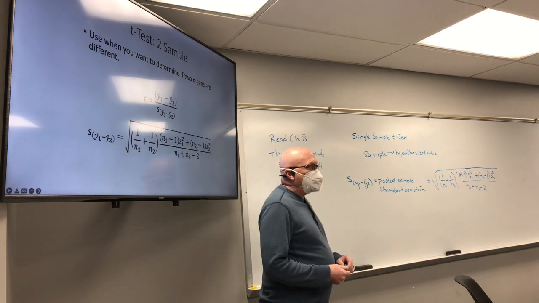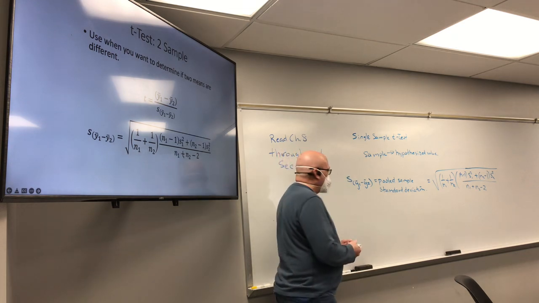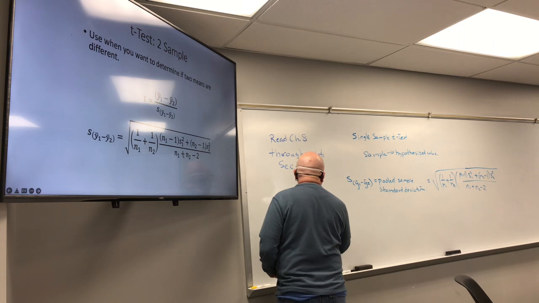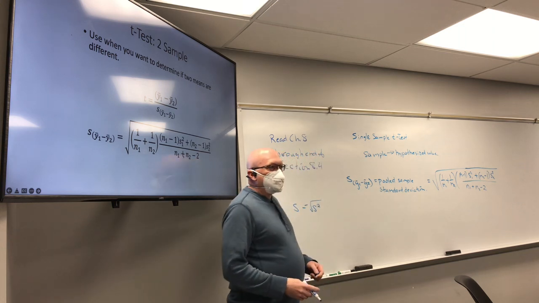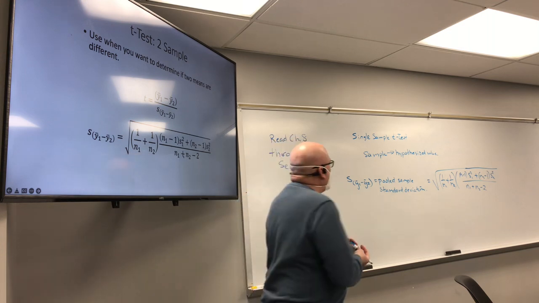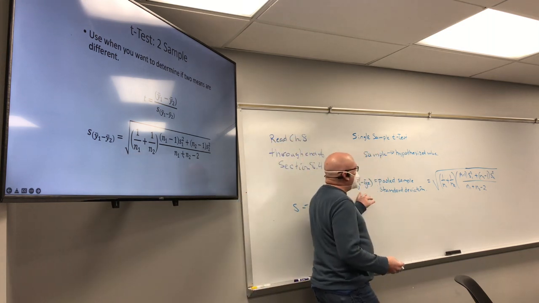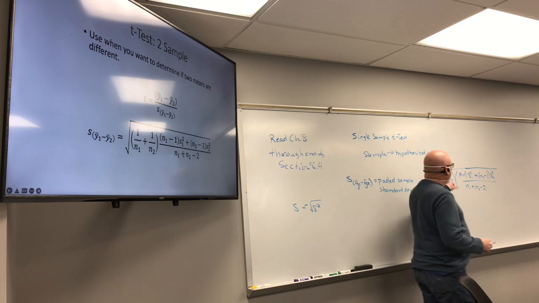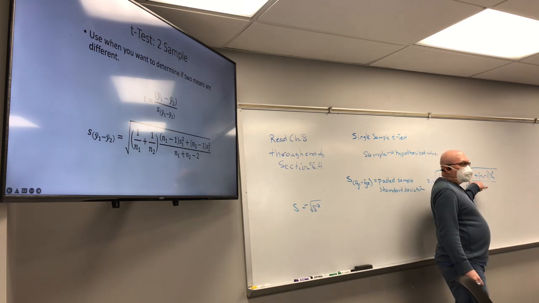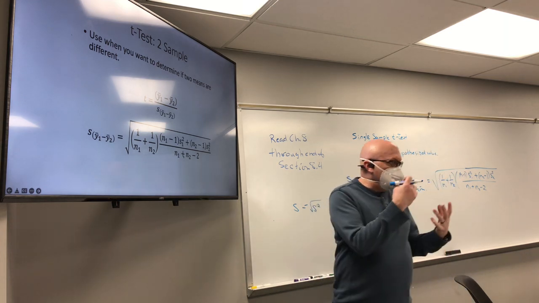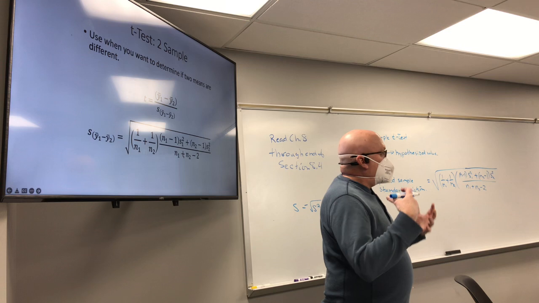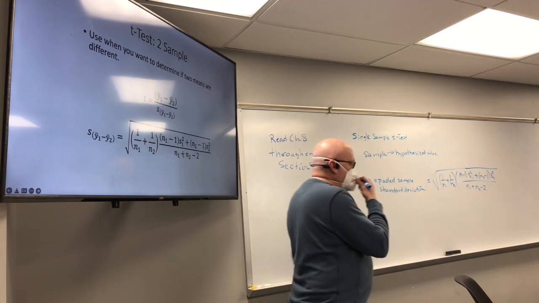How do you calculate the standard deviation? Yeah, it's the square root of the variance, right? So here, because this is a pooled standard deviation, you have the square root of variance components, right? Okay, so in this way, you can start to put this in the context of what you already know, which is good.